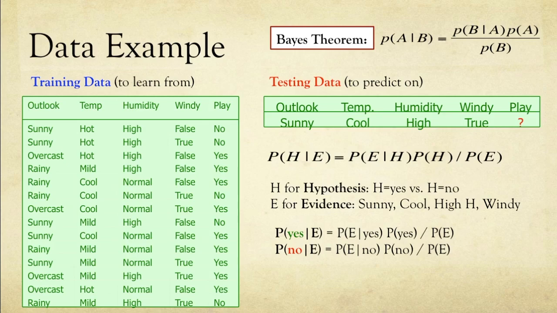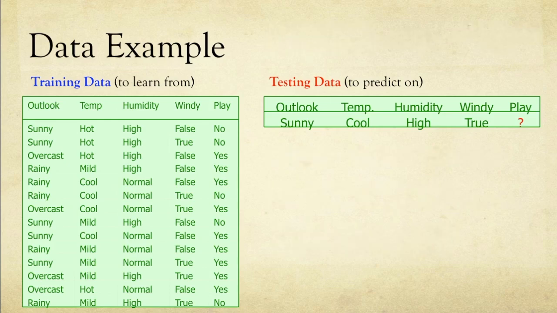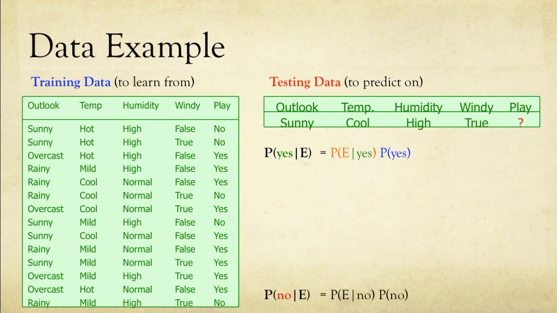So we can basically ignore P(E) as a common denominator because we really care which value is bigger, yes or no. So with this we get P(yes given E) equal to P(E given yes) times P(yes), and P(no given E) equal to P(E given no) times P(no).